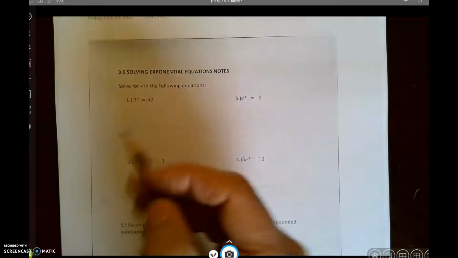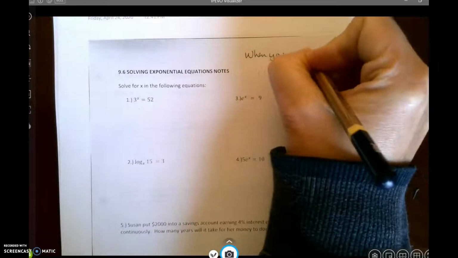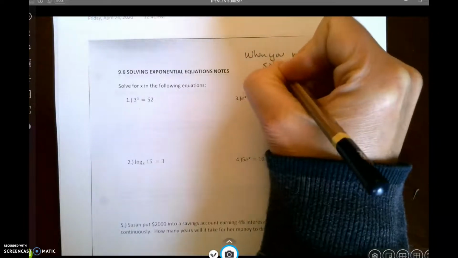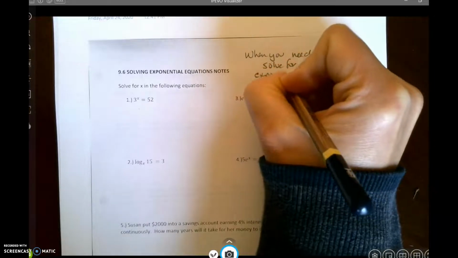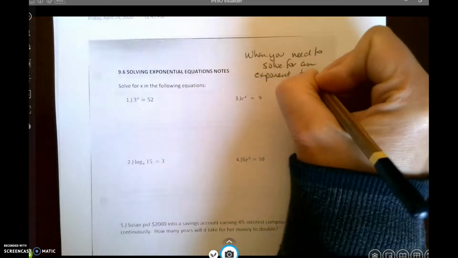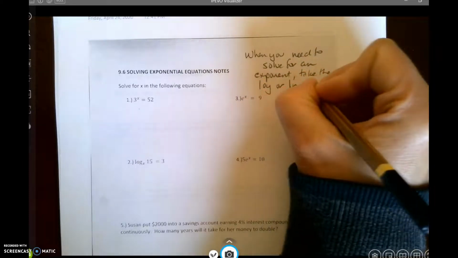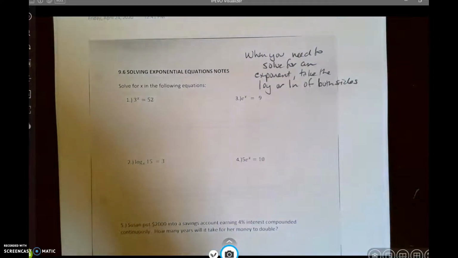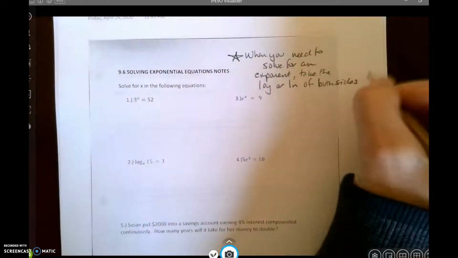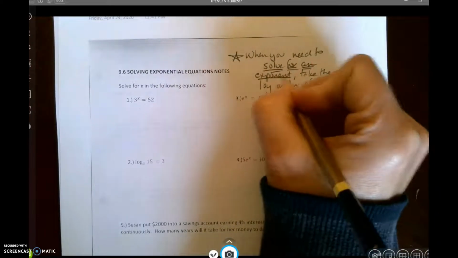So what you do when you need to solve for an exponent is take the log or natural log of both sides. And it's okay to do that because you're doing it to both sides. But that's when you need to solve for an exponent.